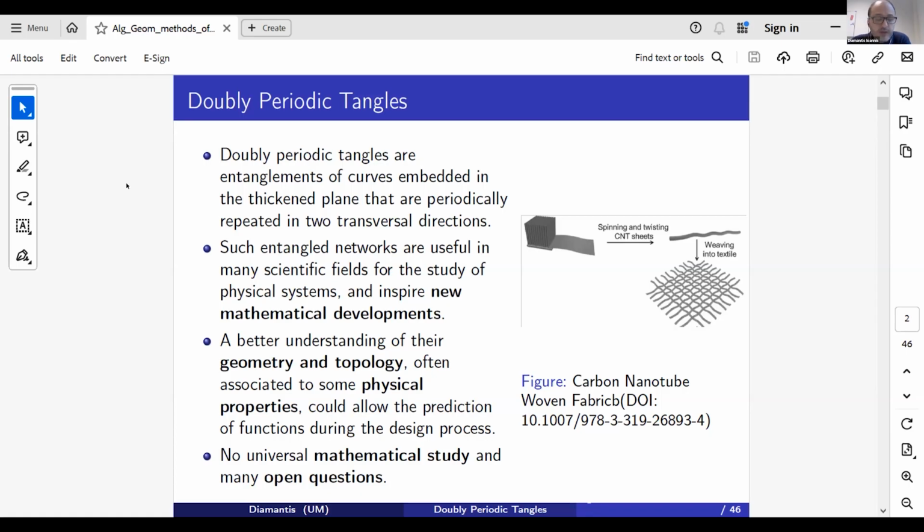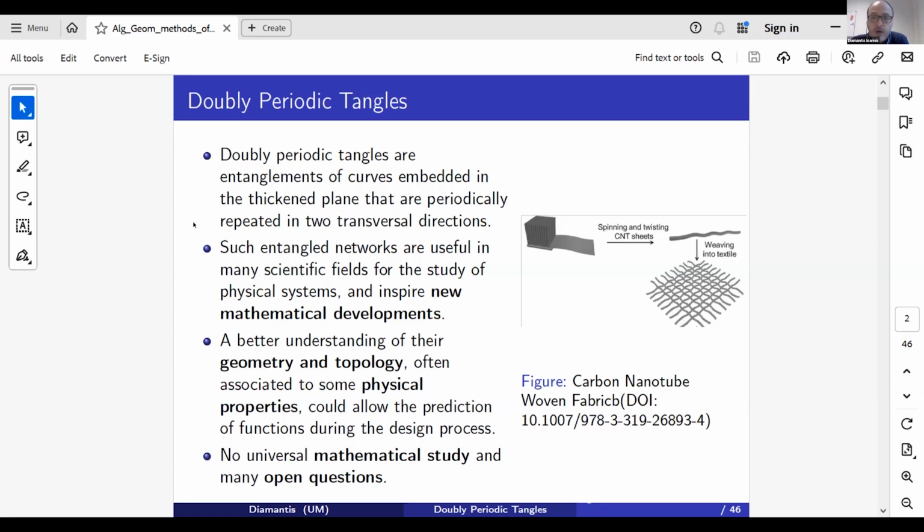And the most important thing, at least for me, is that there is no universal mathematical study, and there are many, many open questions when it comes to doubly periodic tangles. So if you're familiar with very standard and basic knot theory, what we will try to do is borrow tools from knot theory and extend these tools to study DP tangles, as we call them.